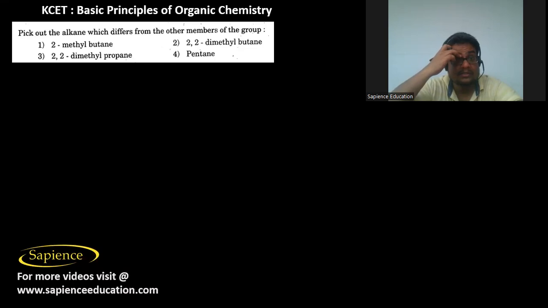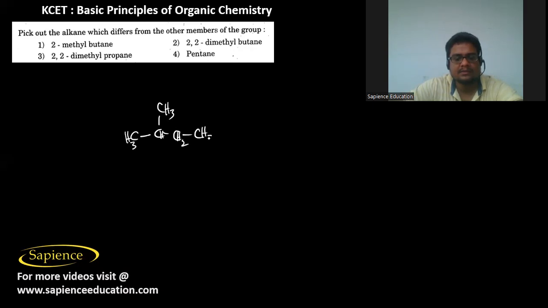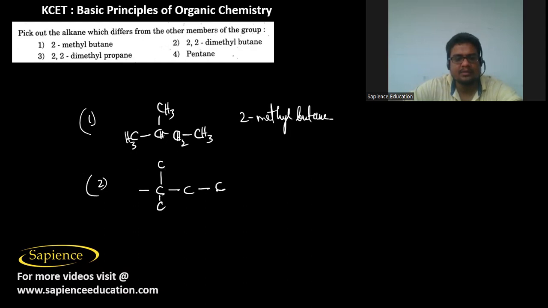Then pick out the alkane which differs from the other members of the group. The first one is 2-methyl butane, which is like this. The second one is 2,2-dimethyl butane, which is like this.